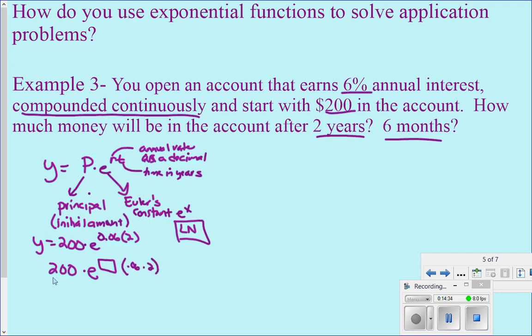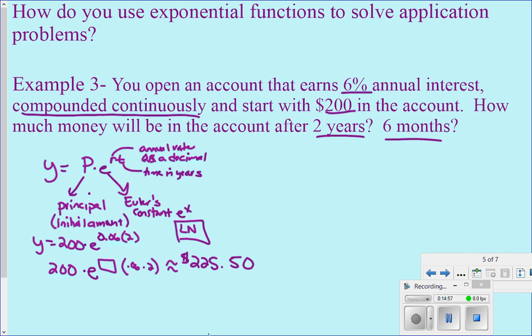So that will take 200 times E, raise it to the 0.06 times 2 power, and that's what we want. So after you type that in, you should get $225.50.